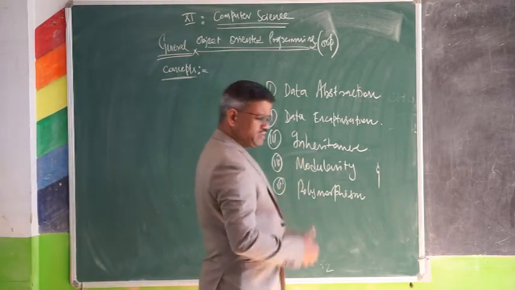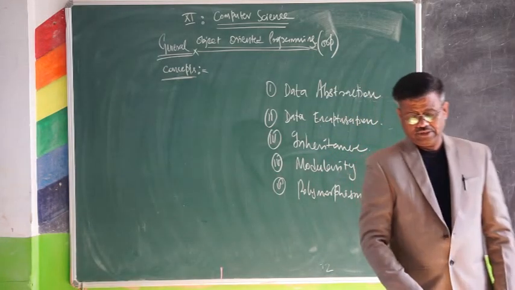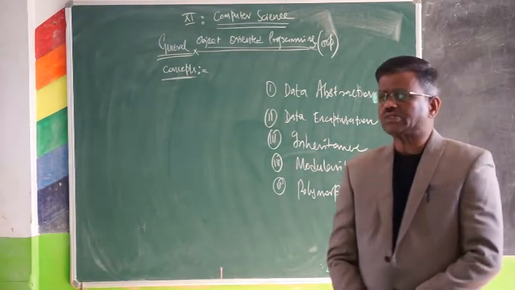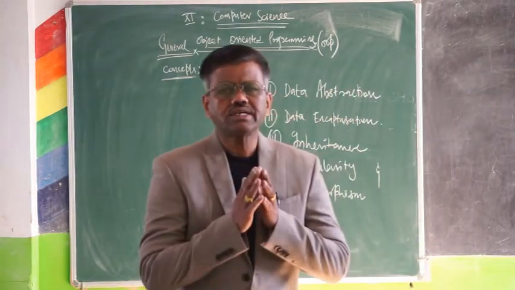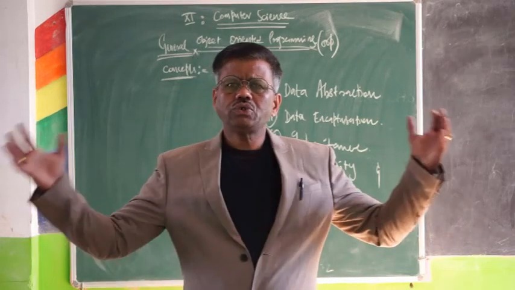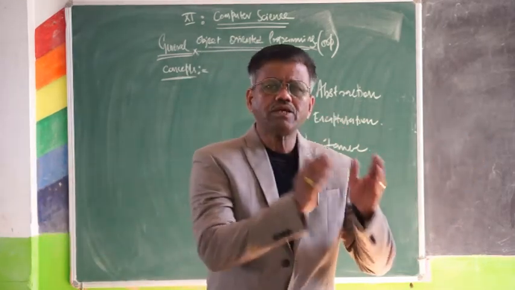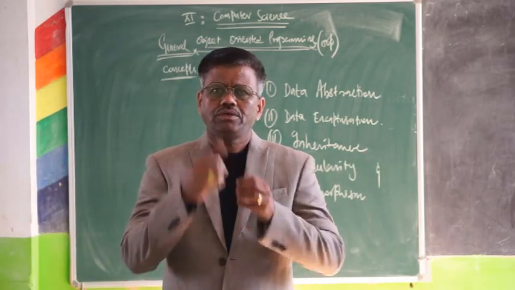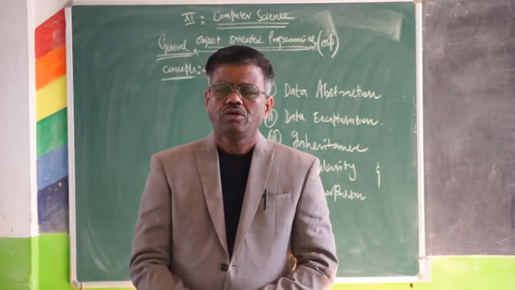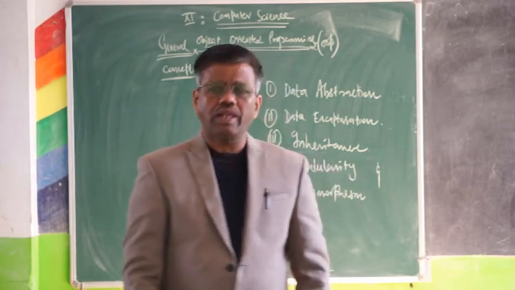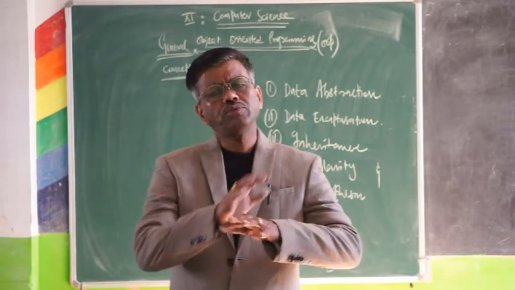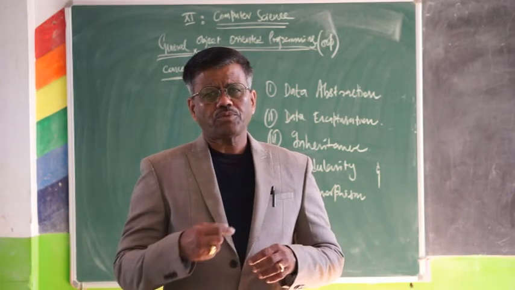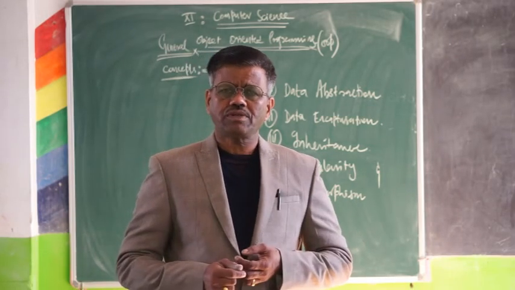The next one is called modularity. What is modularity? Modularity is nothing but making a huge task into tiny, small modules and combining them into a single piece. For example, I am going to write a program of 1000 lines. It's very difficult for me to type the program and run it every time, plenty of mistakes will come.